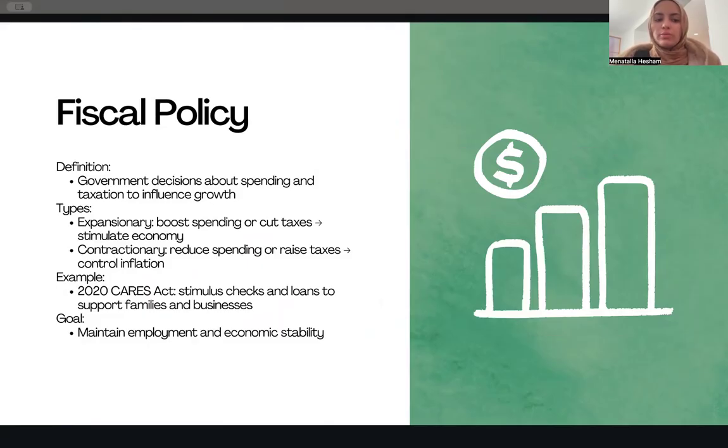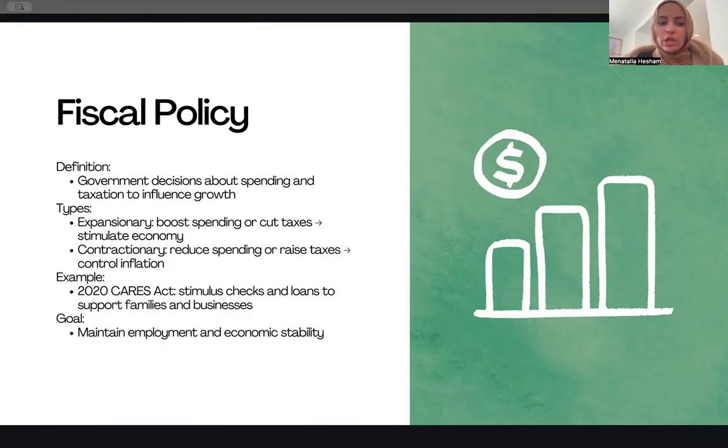So fiscal policy refers to government decisions about spending and taxation. Fiscal policy is used during recessions, such as increasing spending on infrastructure or cutting taxes to boost demand. It is also used to slow inflation, which might involve reducing government spending or raising taxes.